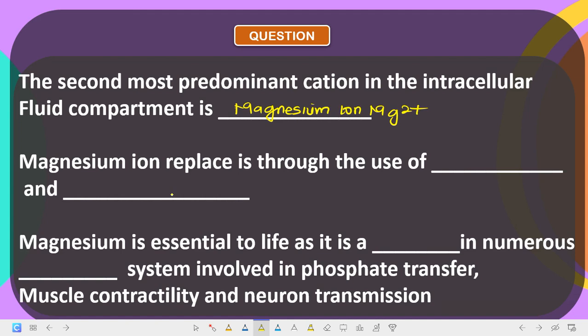Magnesium ion is replaced through the use of magnesium chloride, in short MgCl2, and magnesium acetate. Don't think it's lactate, this is acetate. Magnesium acetate BP.